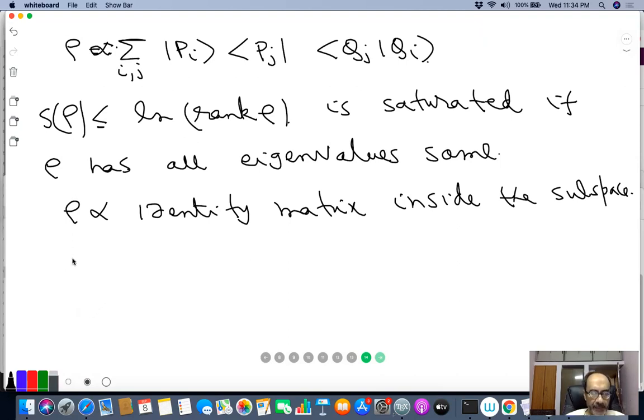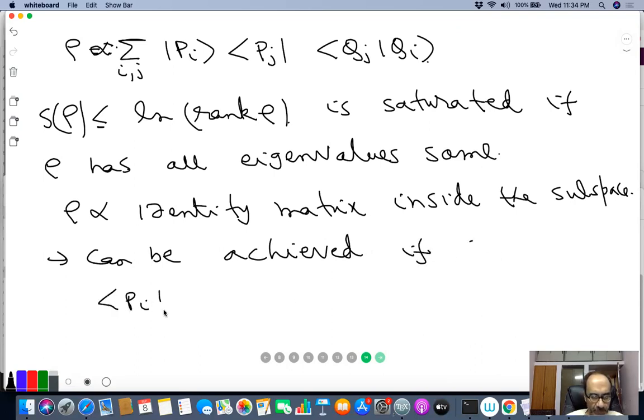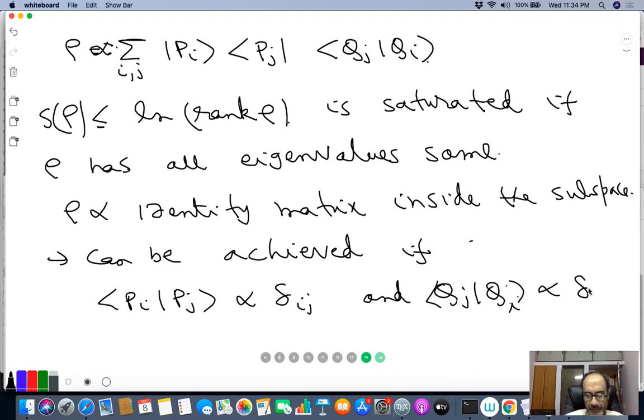Now this can be achieved if the following conditions hold: Pij is proportional to delta ij, and Qi Qj is proportional to delta ij.